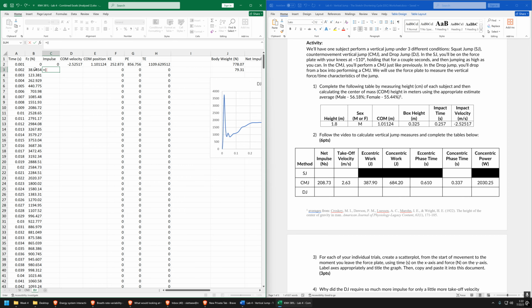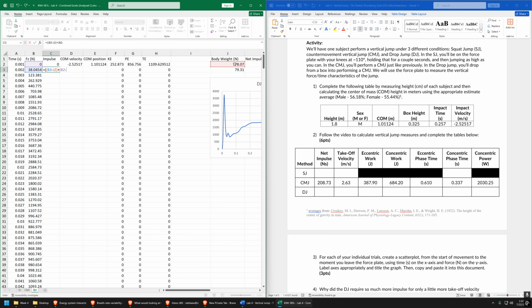We need to subtract body weight from each vertical force. So we'll take the first one minus body weight, and then add that to the previous force that occurred, which was 0 in this case. But again, make sure you point to it, don't type in 0, point to it.